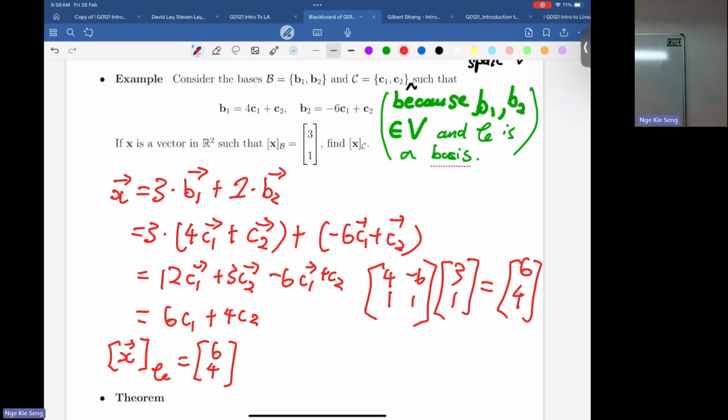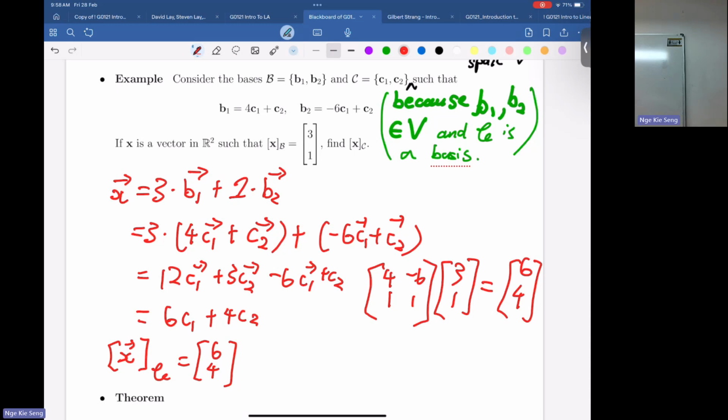First you check whether it is correct or not. If you do this matrix vector multiplication, you get 4 times 3 plus 1 times negative 6, and then 3 times 1 plus 1 times 1, which is the calculation you have written before.